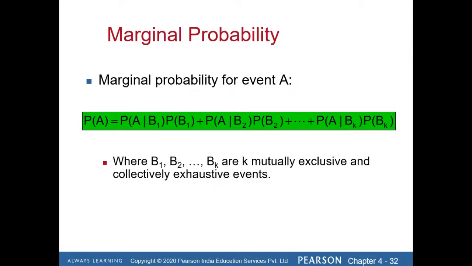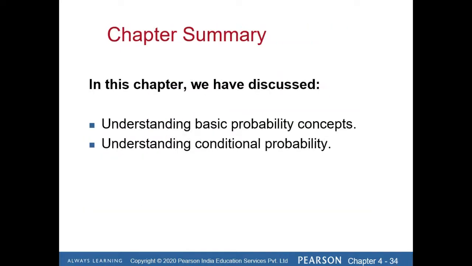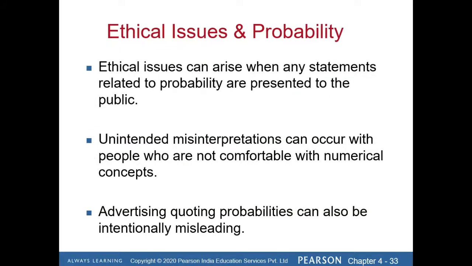You have marginal probability, as I explained in the beginning also. If you want to find the marginal probability of an event A, you add all the different joint probabilities together, and you will get the marginal probability of event A. We already discussed this in the beginning. So this is all we have learned in this chapter.